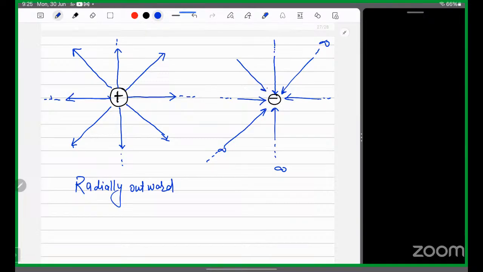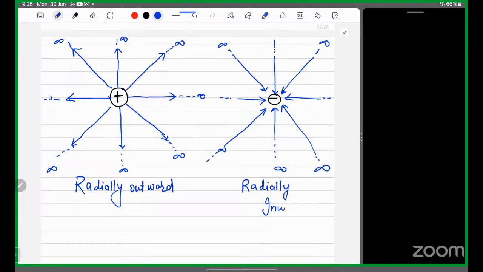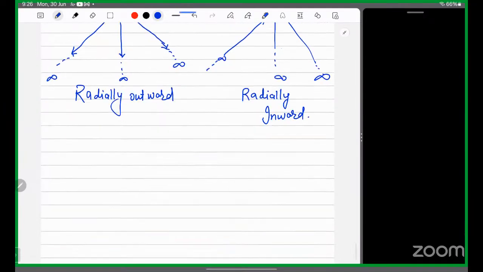Understood, or any doubt? Remember, electric field lines start from a positive charge and terminate at infinity. For a negative charge, they start from infinity and terminate at the negative charge, so the electric field is radially inward.